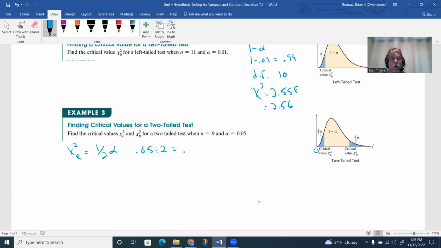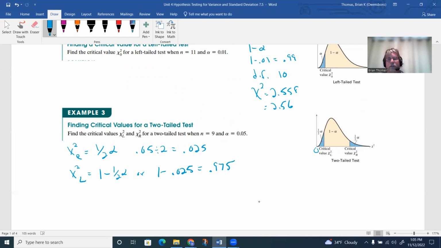So that's going to be 0.025. And then chi squared L is going to be the left one. That's going to be 1 minus one-half alpha, or in other words, 1 minus 0.025, and that's going to be 0.975. If we use a calculator, we can get that as well.